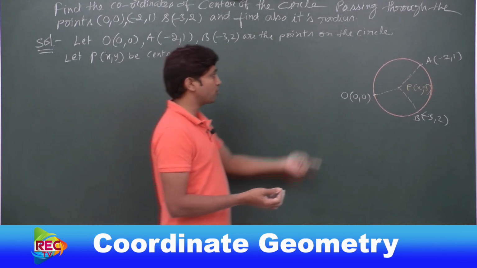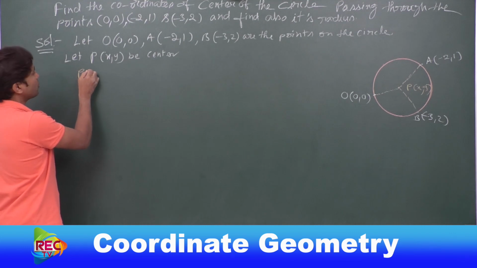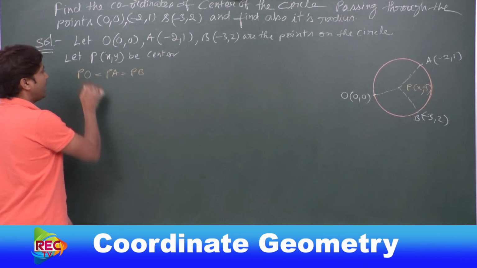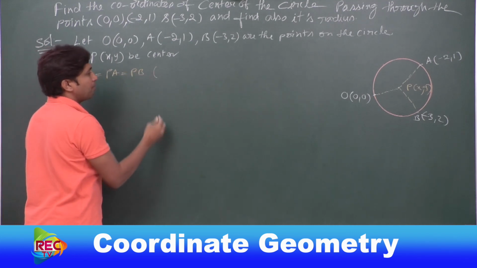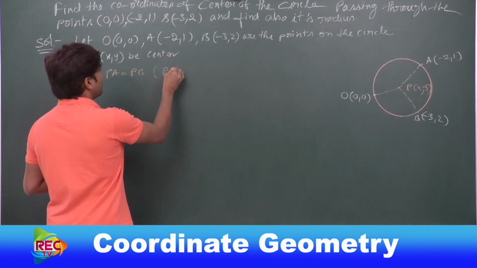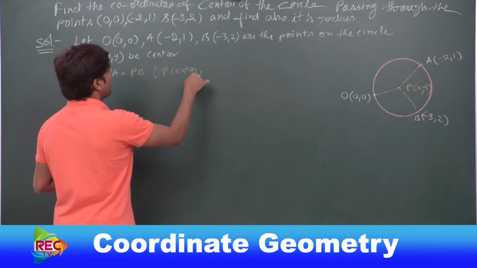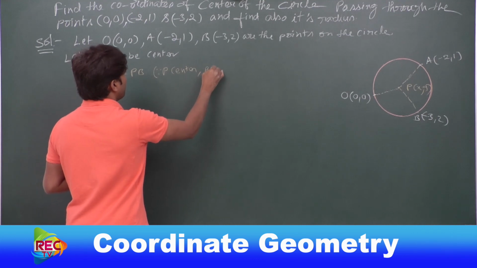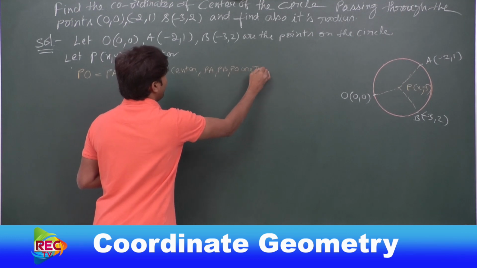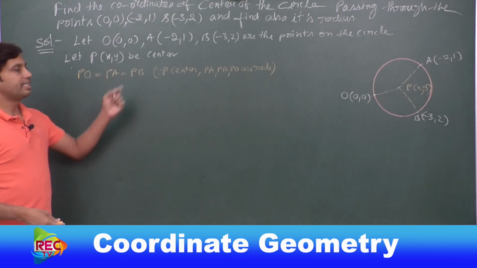From this we can say that PO equals PA equals PB, because P is the center of the circle. Since P is the center, PA, PB and PO are radii and they are equal.